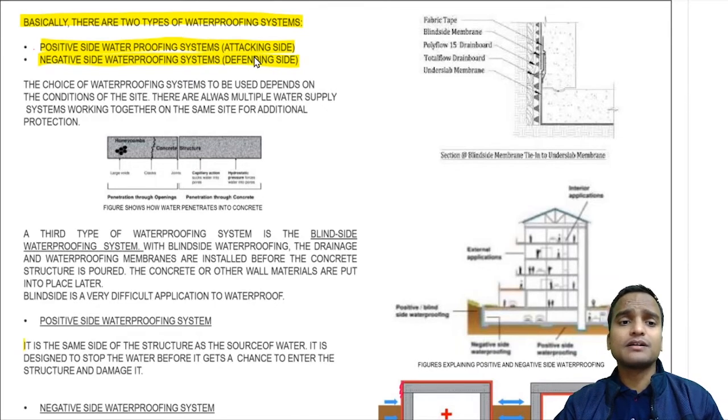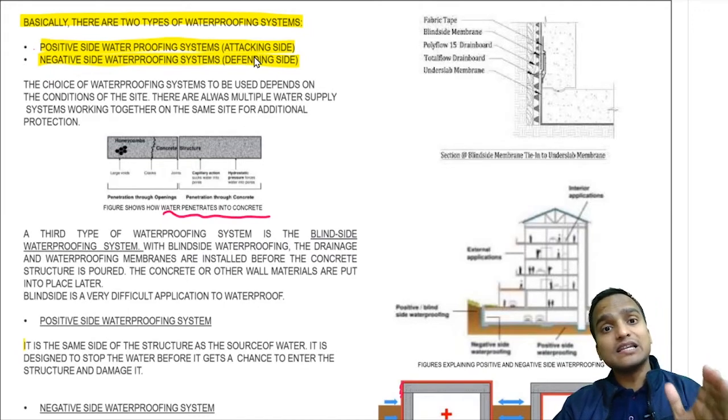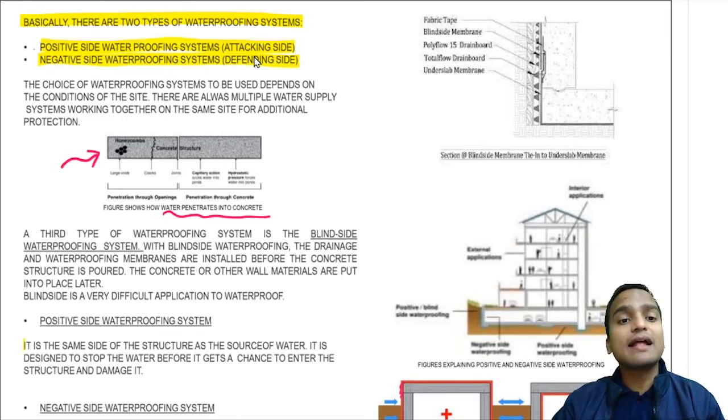So there are different sources of water intrusion, and the choice of waterproofing system which we have to use completely depends on the condition of the site. So we can see what are the different sources through which water penetrates into concrete. The biggest source through which water can easily penetrate is the honeycombing, and then the major cracks or the minor cracks in the concrete, and then there are the joints in the concrete, like expansion joints.